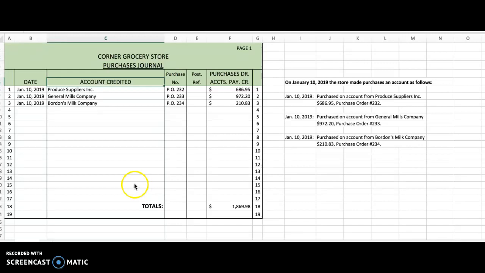Let's take a look at the parts of the journal. On the left, as always, the date column, date of the transaction. Next column is account credited.